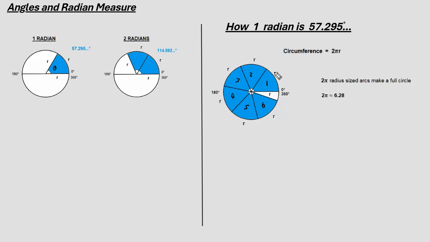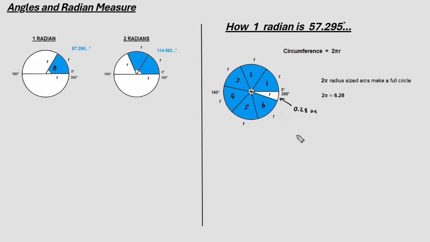So we have 1, 2, 3, 4, 5, 6 radius length arcs, plus this little bit that we had left over, that is the 0.28 of an arc, a radius length arc.